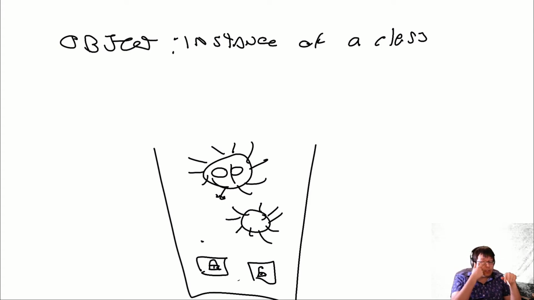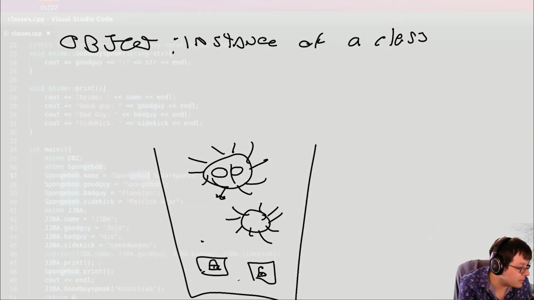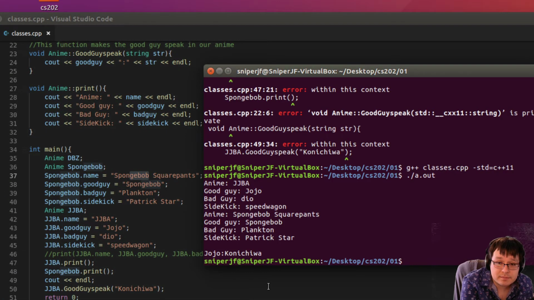Because the object itself is JJBA or Spongebob or DBZ, Dragon Ball Z. If I have access to that object in that scope, I can use the member access operator, and then I can access the individual member variables. If they're public, I can change them all I want. If they're private, I will get that error that you so clearly saw, I suppose.